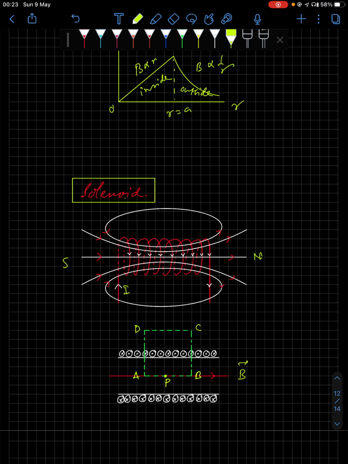Okay, the diagram is very ugly. Still, I hope you can make out.